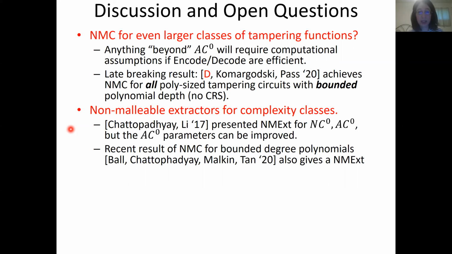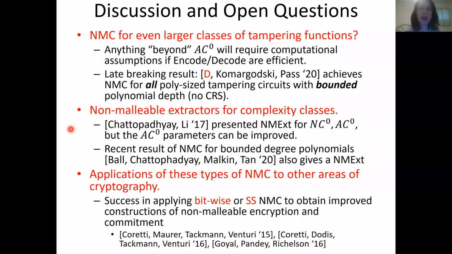I also want to mention that the recent result of non-malleable codes for bounded degree polynomials also goes through a construction of non-malleable extractors and then uses that to get non-malleable codes. And then finally, the last question that I wanted to mention is finding applications of these types of non-malleable codes, non-malleable codes for various complexity classes, to other areas of cryptography.